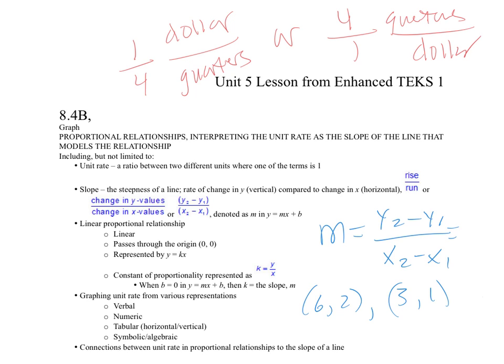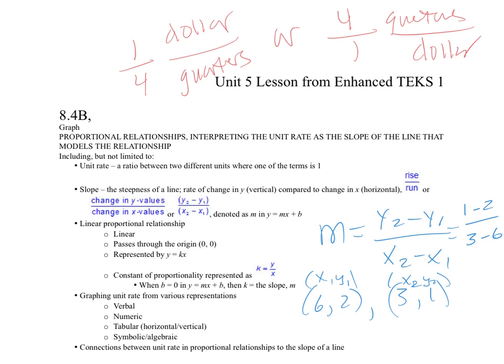Here are my x1 and y1, and then here I have my x2 and y2. So I'm going to just substitute in. I would have here 1 minus 2 divided by 3 minus 6.